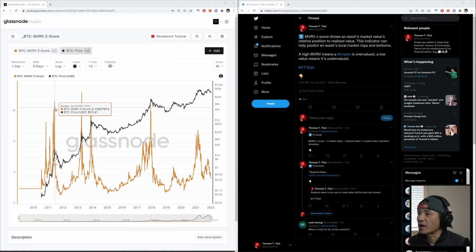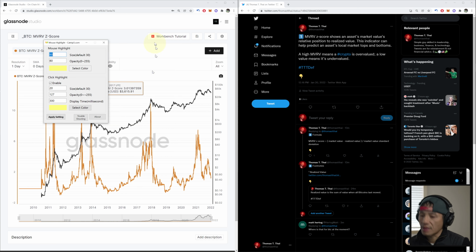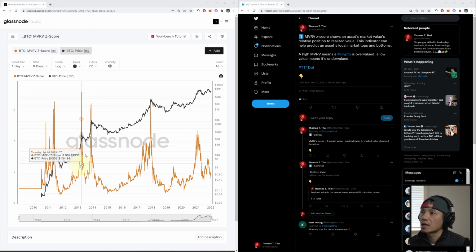Here we have an MVRV Z-Score. Going forward, I'm just going to say MVRV. Peaking up here, and I think I should turn on the highlight for you. That will help. So at the top here, MVRV peaked, and you can see by the little diamond at the bottom where the price is, right down here, it also peaked.